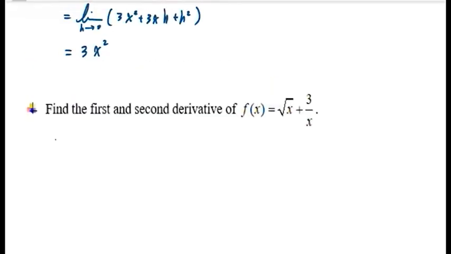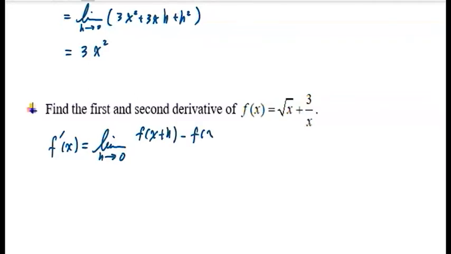Now f prime of x by definition is the limit of h approaching 0 of f of x plus h minus f of x, over h. My computer is slow, it's laggy.